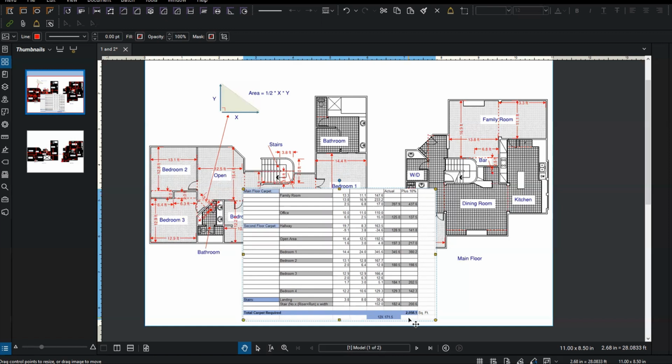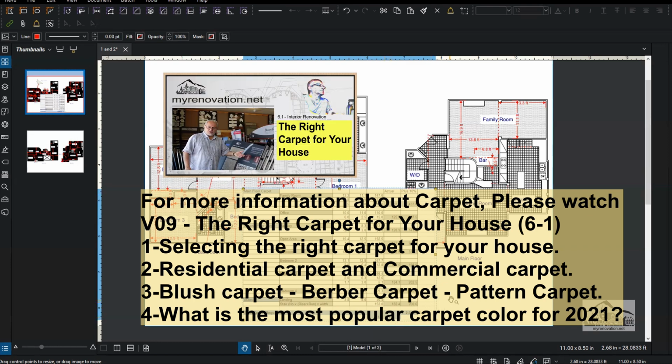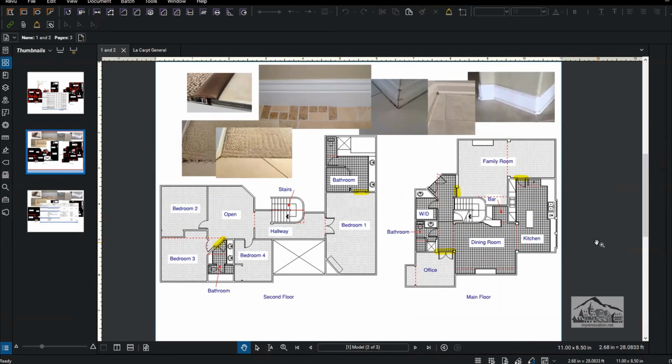In our situation here, we have 2,058.1 square feet. And usually the carpet comes in 12 feet width. So you need to order 12 feet by 171.5 feet.